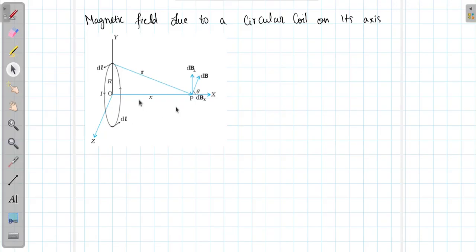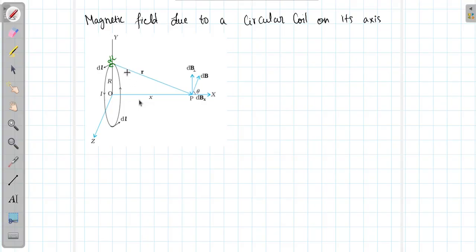Now come to the point. We are going to take a small current element in the upward direction. In the diameter, if you take this particular diameter in the y-axis, at the topmost point, you take a small current element dl.